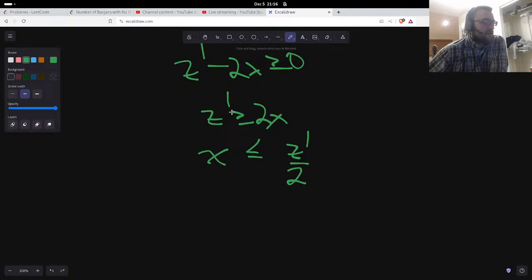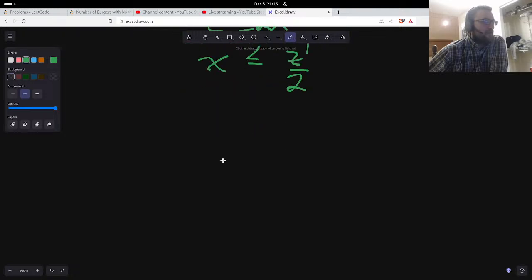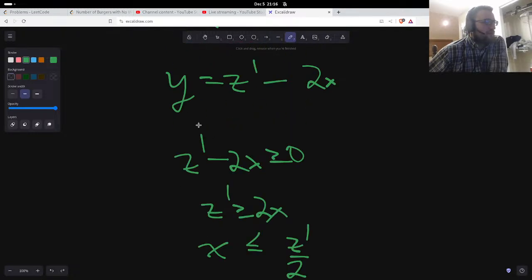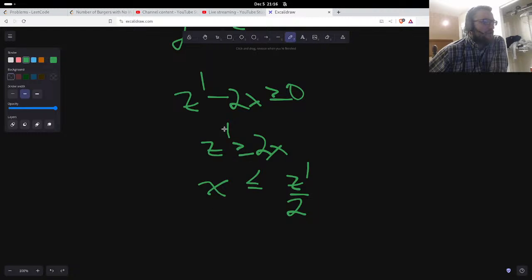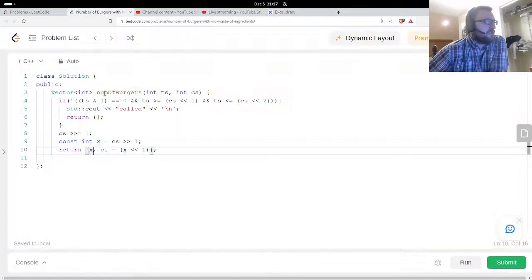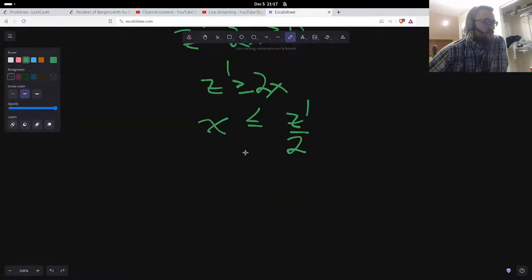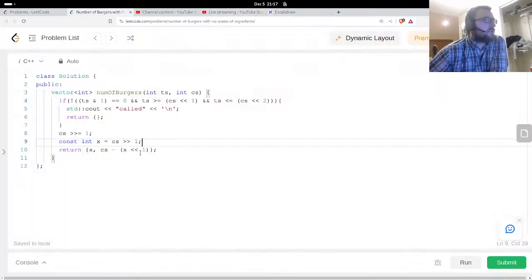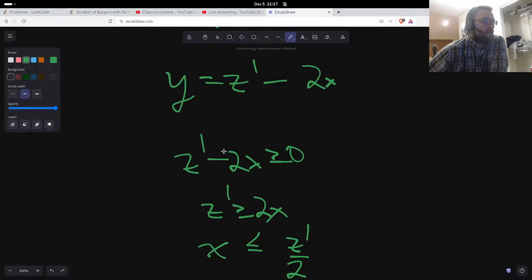Right? 2x is less than or equal to z prime. Okay. X is less than or equal to z prime over 2, which means that x is floor of z prime over 2.